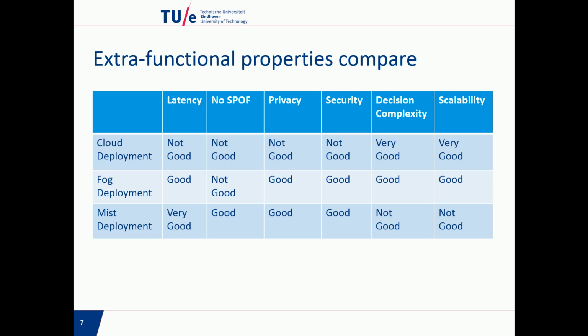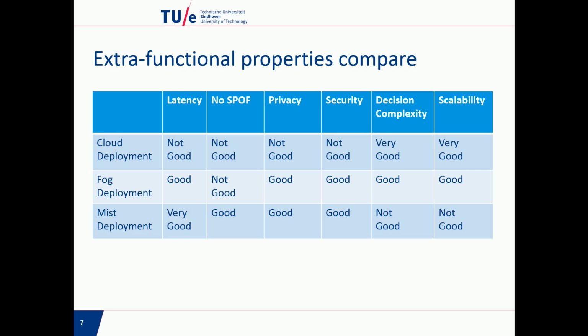Contrary to the cloud, fog and mist locate the function in the local network, so the security will be better compared to the cloud.